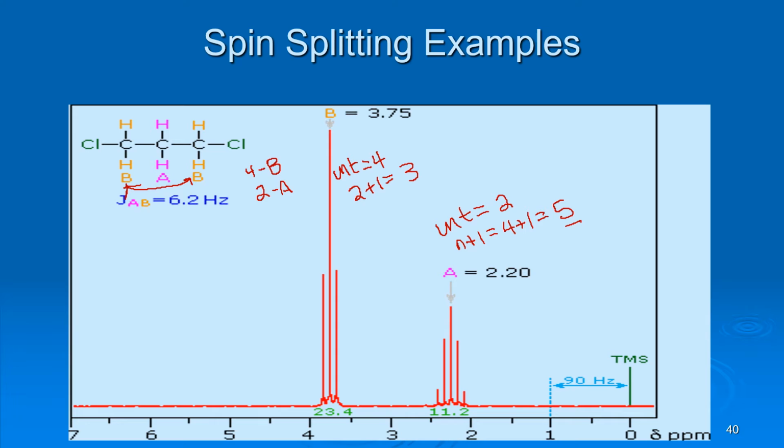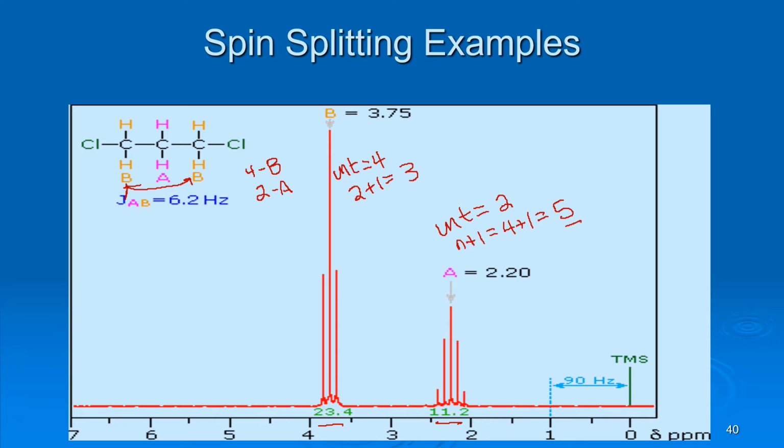So that's why this is a triplet and this is a quintet. They did give us some integration values here, and you can see that hydrogen B is twice as much as hydrogen A. So indeed, this is equivalent to 4 hydrogens, and this is equivalent to 2 hydrogens.